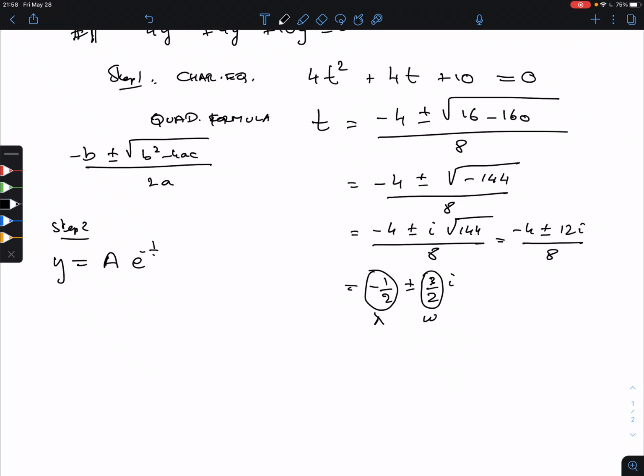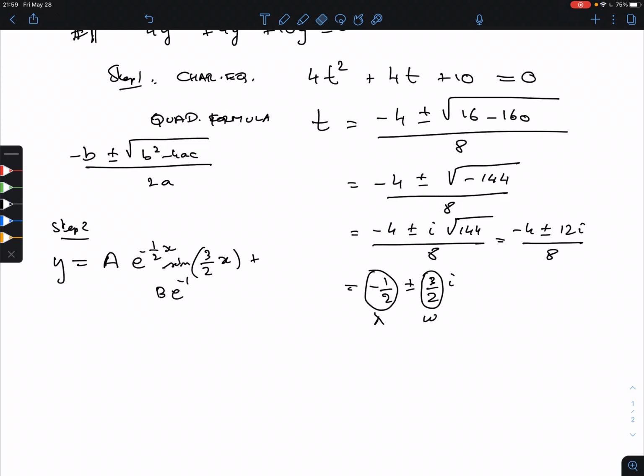That becomes the coefficient in the power of e, and the 3/2 becomes the coefficient inside the sine and cosine. Sorry, sine 3/2 x plus b. Oh, yeah, I could have factored that.